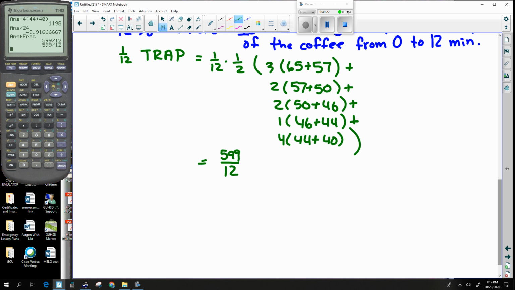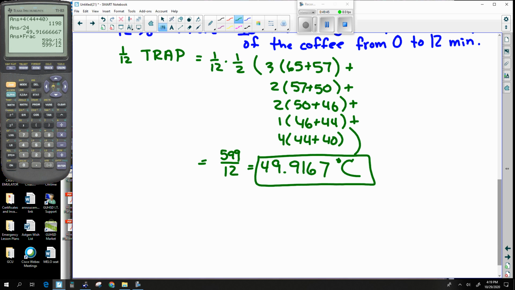It makes me feel like I got the problem wrong. This is my average temperature of coffee. I don't know if I got that on my answer key or not. I don't have my answer key right in front of me. Take a quick glance.